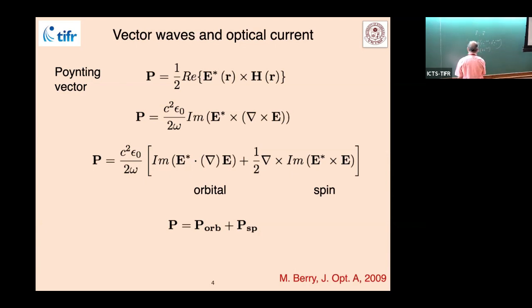Now you take this Poynting vector, P. I write P as E cross H. This is again a purely real quantity. But in phasor notation, you'll be writing one-fourth of E to the power minus I omega t plus complex conjugate, and then cross, this is a vector, H to the power minus I omega t plus complex conjugate.